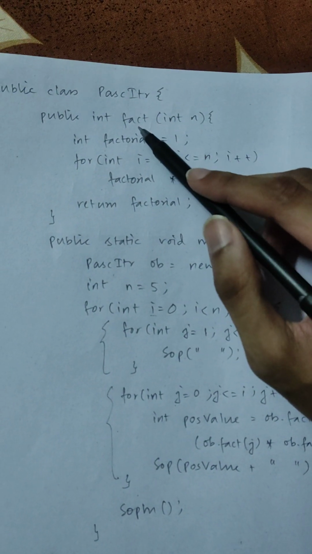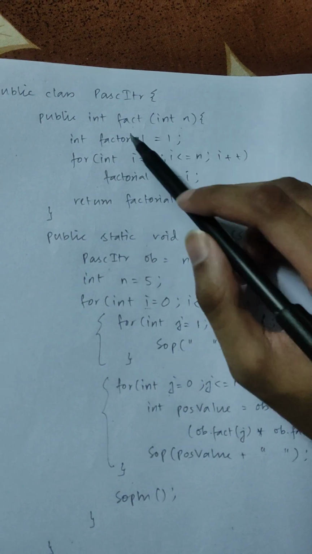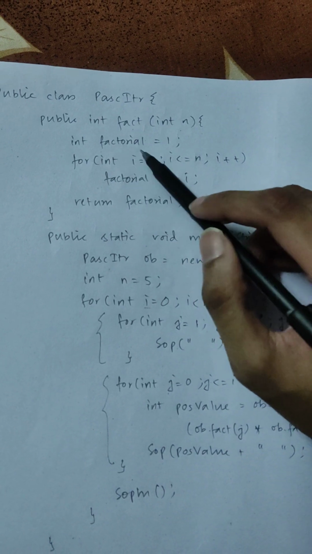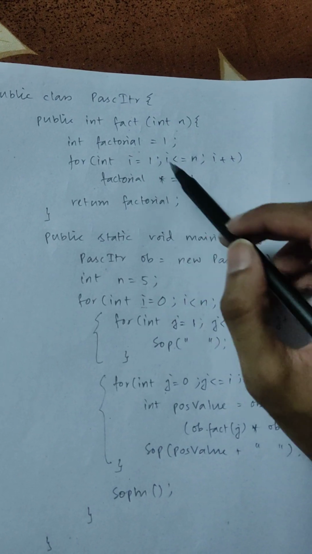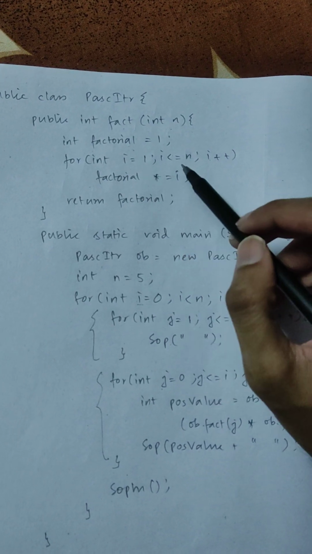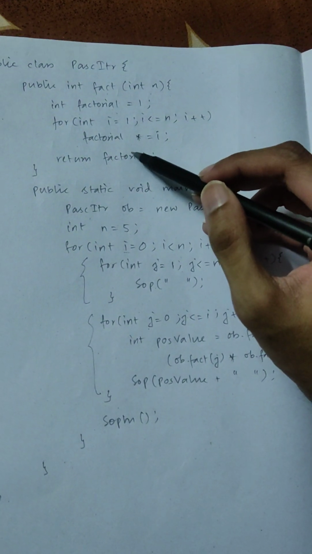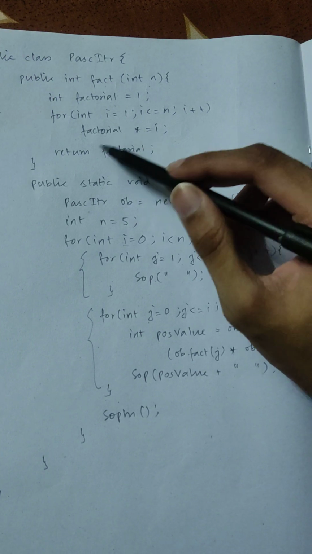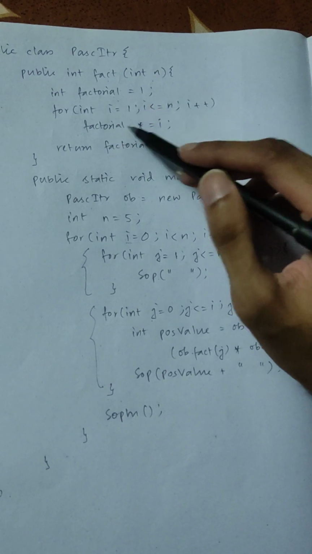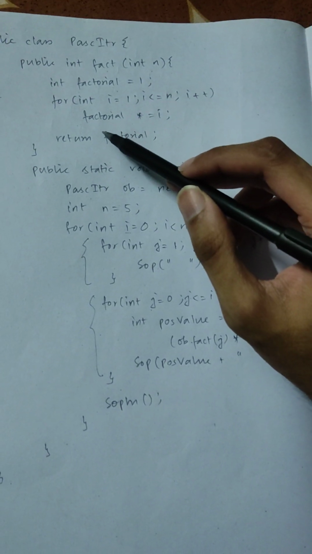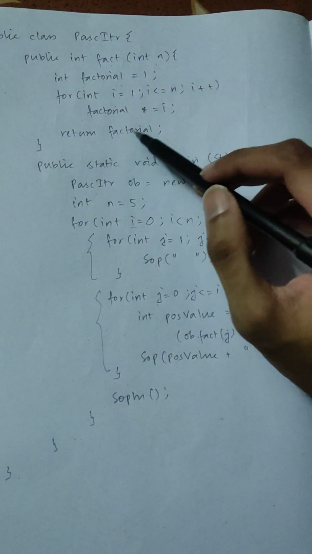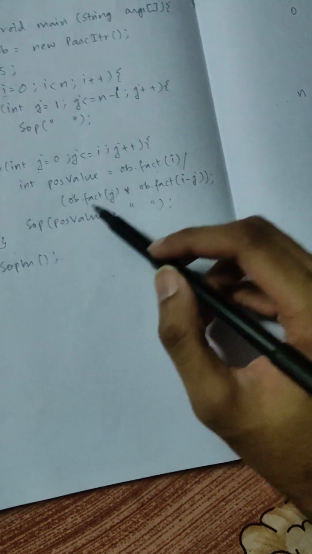So this factorial will basically take a number, and in this factorial variable I have just calculated the factorial using this for loop, and then returned the factorial. So the factorial value will be calculated here in this for loop, and then it will go from this line to these 3 lines.